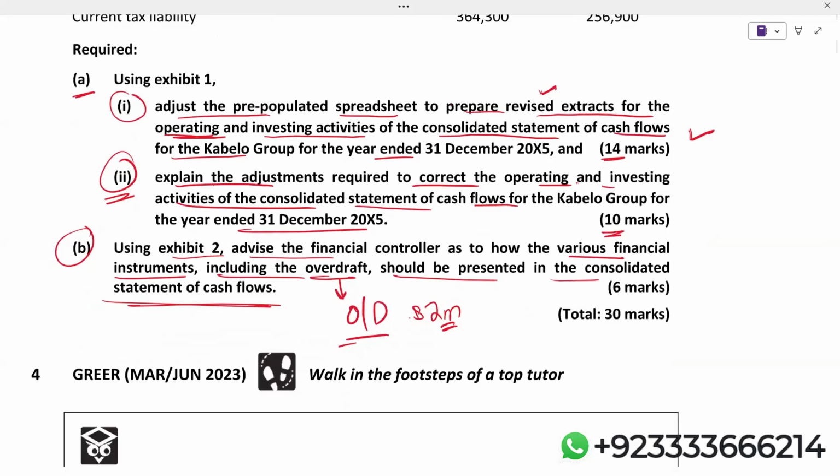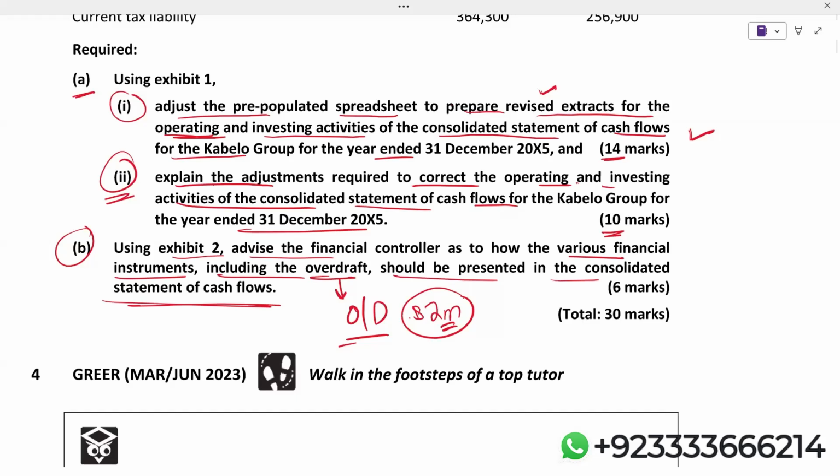If all the time this 2 million OD limit is being used by the company, then we'll say, since you are using this OD all the time, not as and when required, if the examiner says we are using this $2 million OD limit all the time, then we'll say you are actually treating this OD as a long-term source of finance. If you're treating OD as a long-term source of finance, then it becomes part of financing activities.